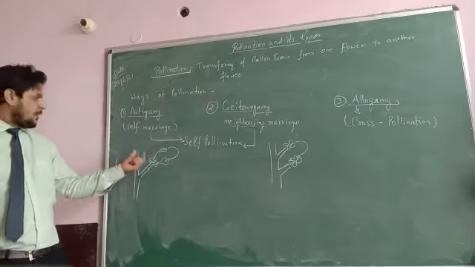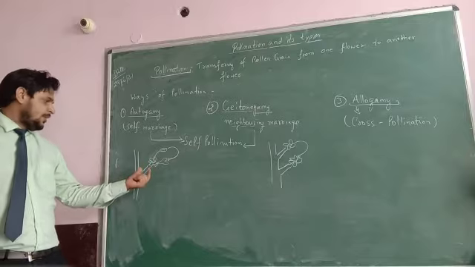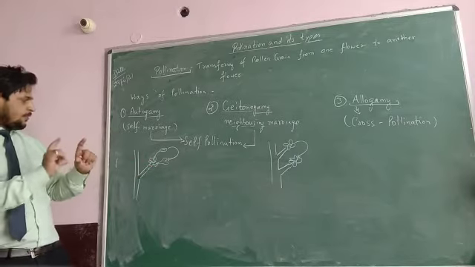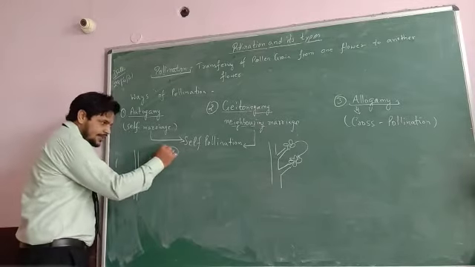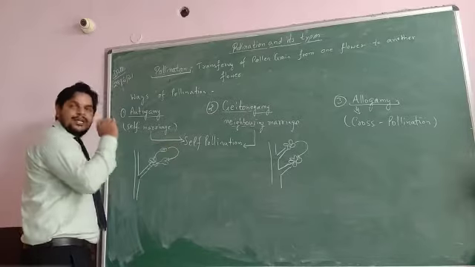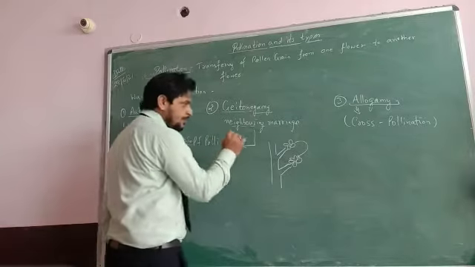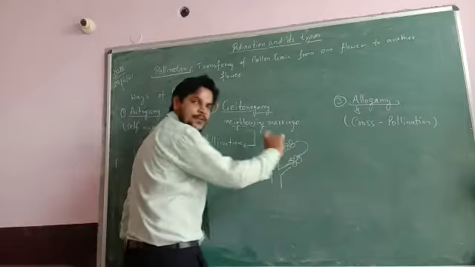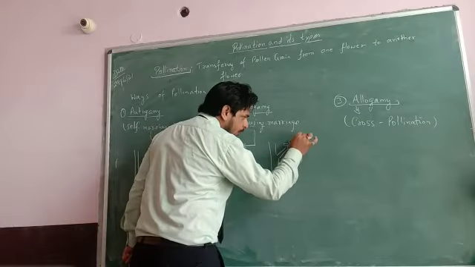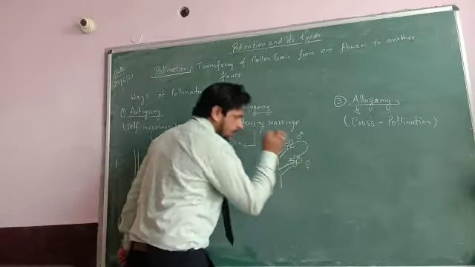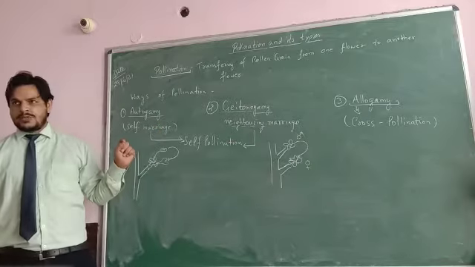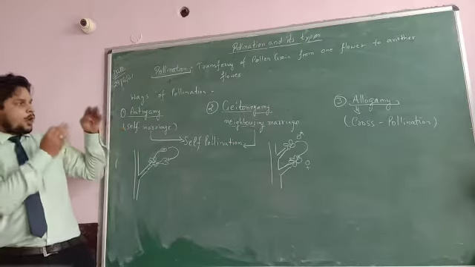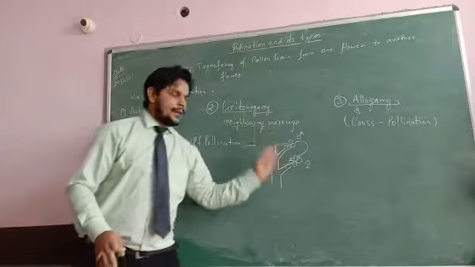Autogamy means only within the same flower, while zygnogamy means two different flowers, having a male reproductive organ and a female reproductive organ, present within the same plant.